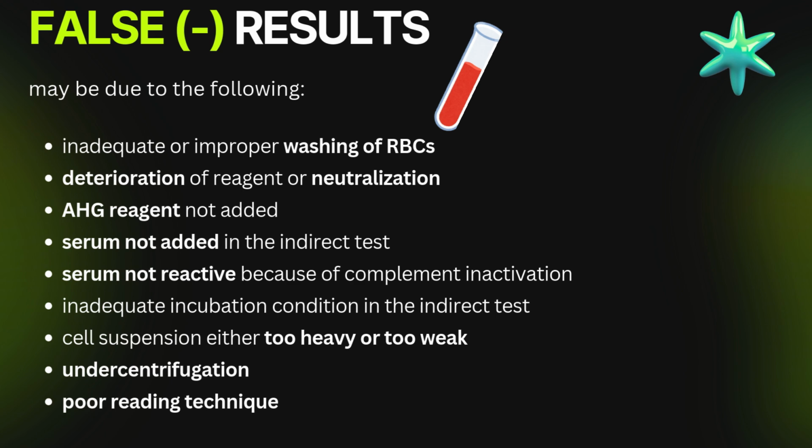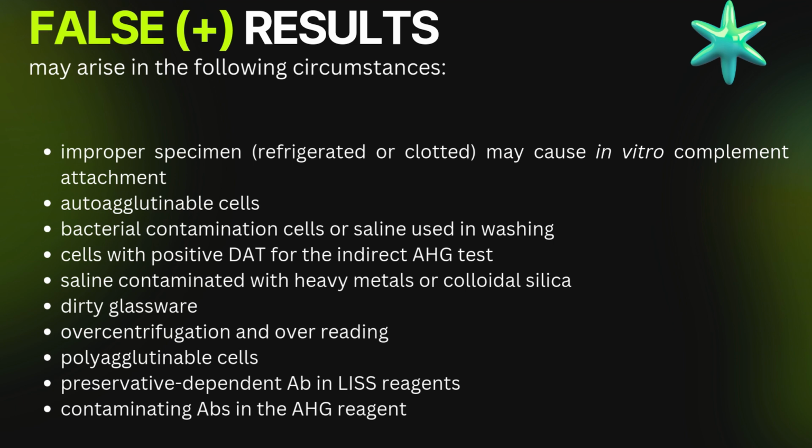Lastly, under centrifugation, guys, and poor reading techniques can also really contribute to false negative results. So ensure that centrifugation is done at the correct speed and duration, and develop a keen eye for interpreting results accurately. So remember, understanding these causes can significantly improve the reliability of your AHG test results and help you avoid potential pitfalls.